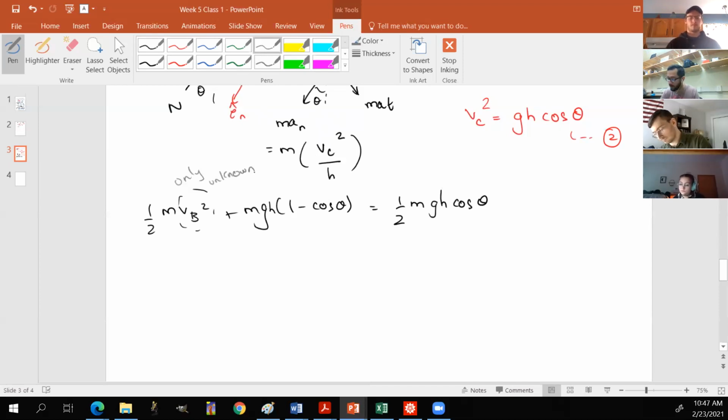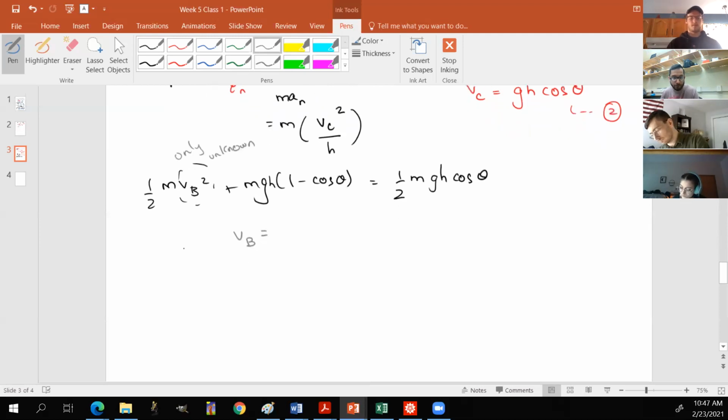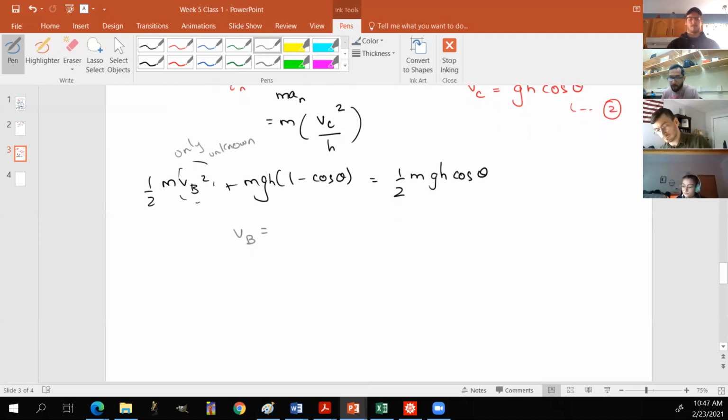So you solve that, and you get that your vb ends up being equal to 2.30 meters per second. So basically, for all of these things to happen the way they did, you need to slide your thing off at 2.3 meters per second.